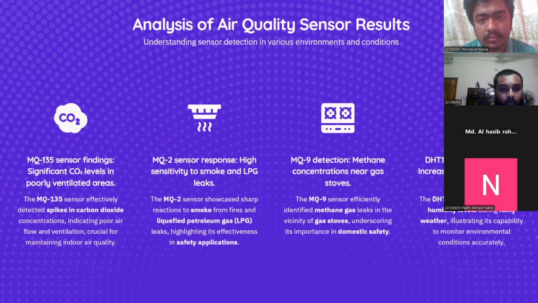The MQ2 sensor responds with high sensitivity to smoke and LPG leaks. The MQ2 sensor showed a sharp reaction to smoke from fires and liquefied petroleum gas leakage, highlighting its effectiveness in safety applications. MQ9 detects methane and CO concentration near gas storage.